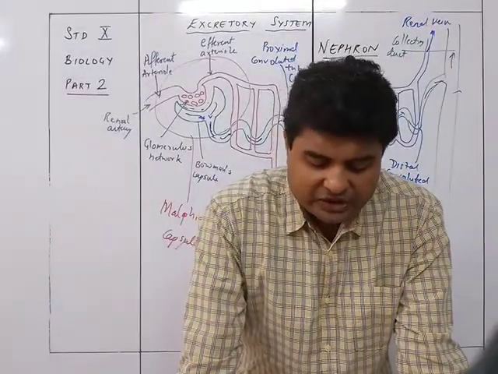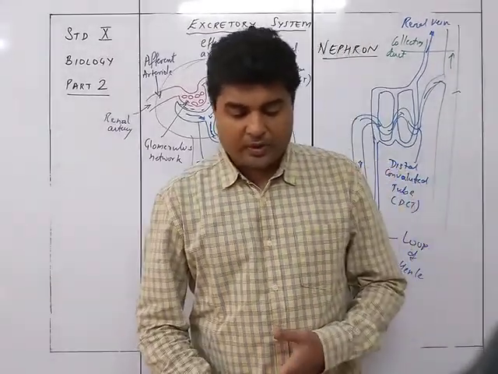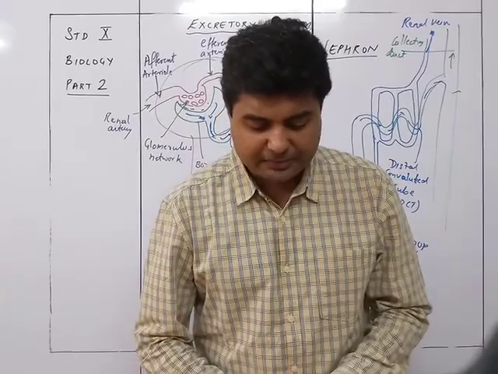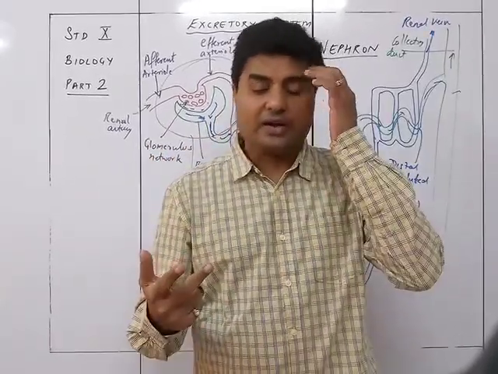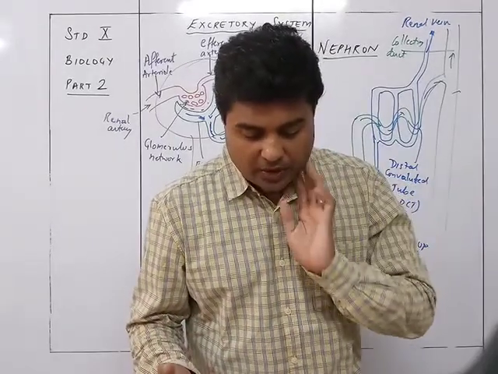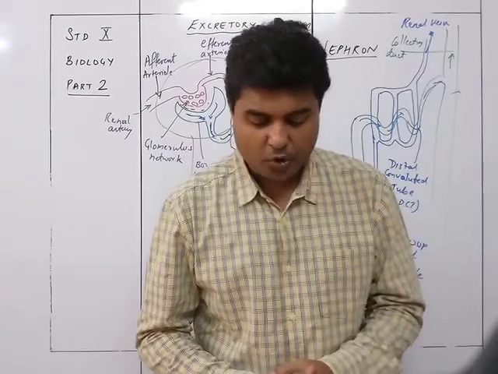During ultrafiltration, almost all the liquid part of the blood, plasma, along with most of its organic and inorganic substances like urea, glucose, amino acids, etc., comes out of the glomerulus and passes into the funnel-shaped cavity of the Bowman's capsule.